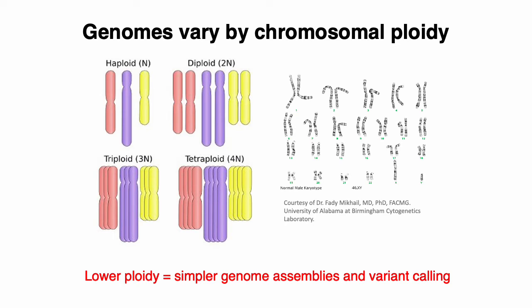It's also easier in terms of genome assembly, and we'll also talk about assembly in the next lecture. But basically, one of the big tasks of genomics is to sequence genomes, and organisms with higher ploidy are more difficult to sequence and assemble.